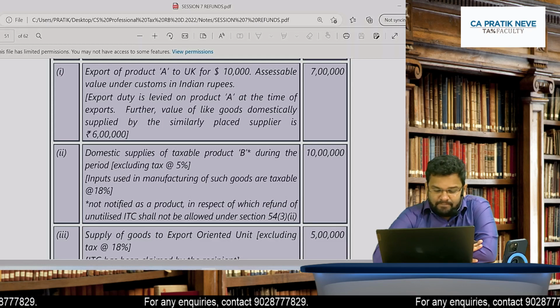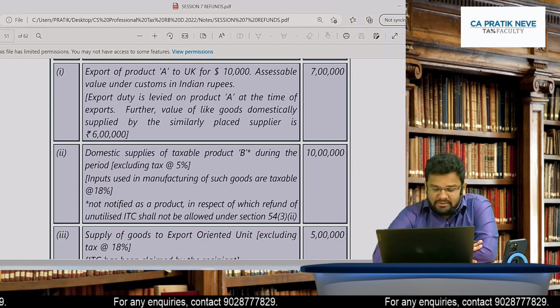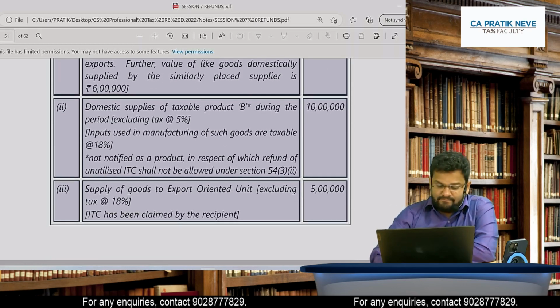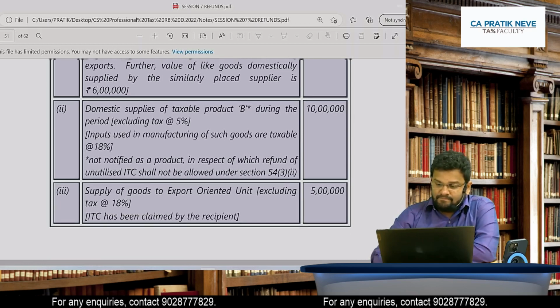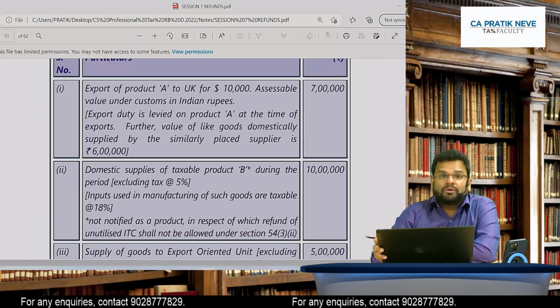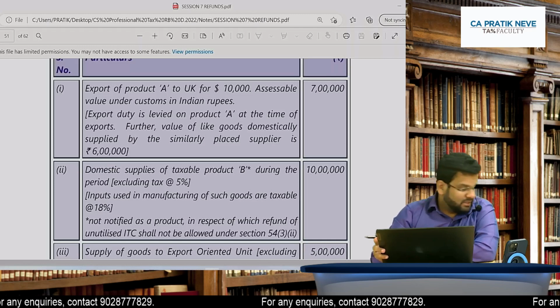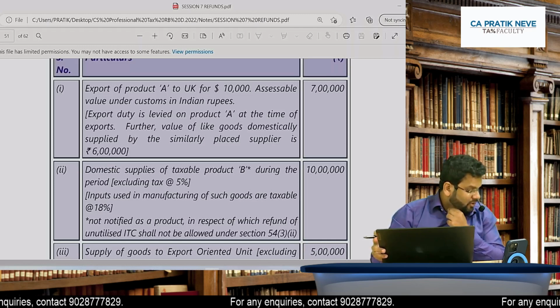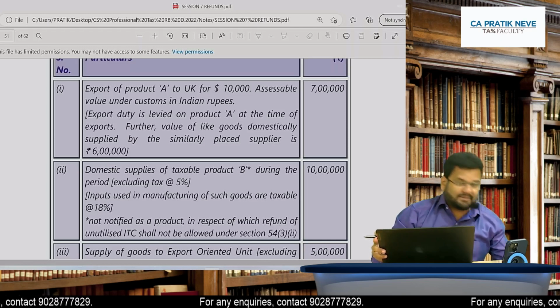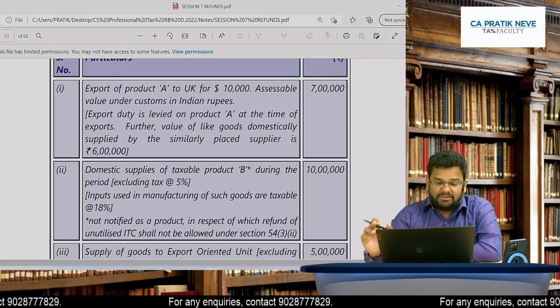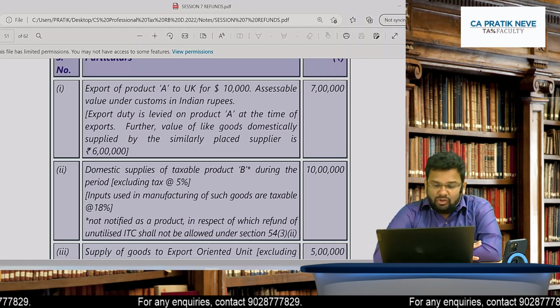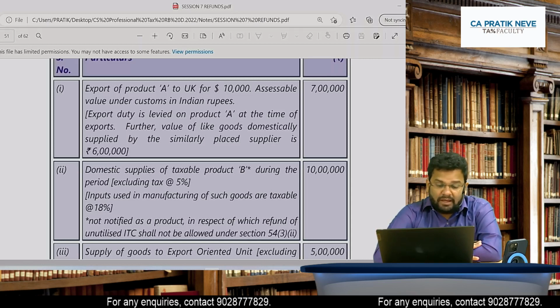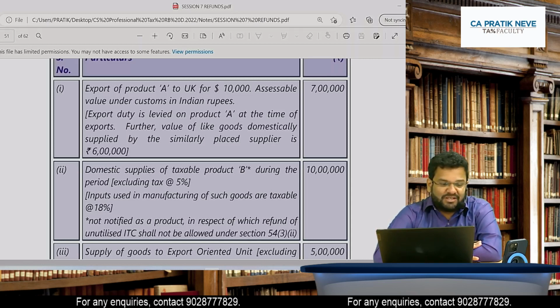What I want to tell you is whether you have charged tax in this case or not. It's given that you have levied export duty. Can you see?